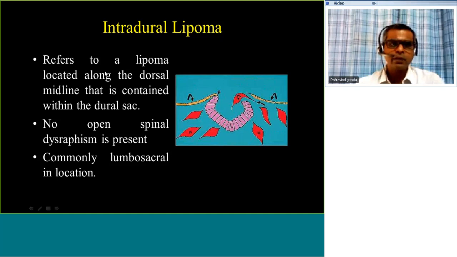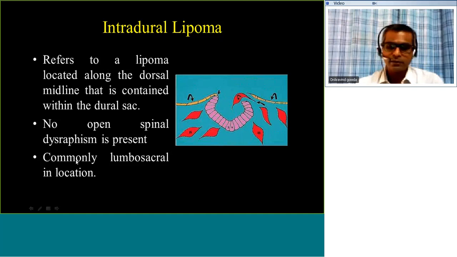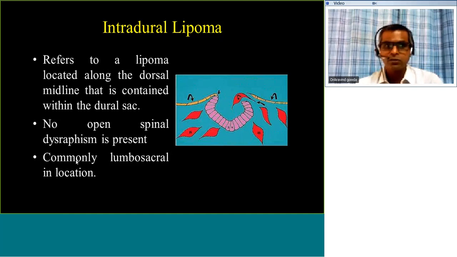So the intradural lipoma refers to the lipoma that is located along the dorsal midline and is contained within the dural sac. So this will be within the dural sac because the dural coverings are formed by the mesodermal cells. So there won't be an open spinal dysraphism, meaning it will not be open to the outside. It is commonly located at the lumbosacral level. You can see it in the cervical region also.